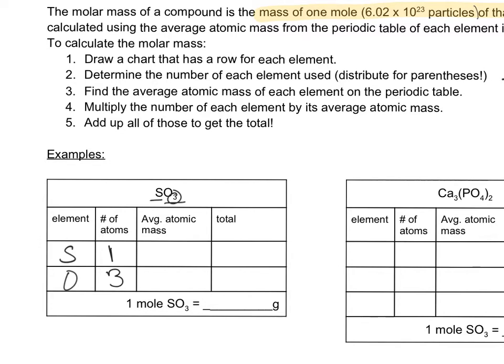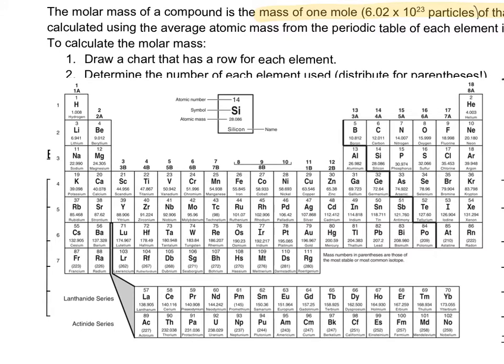Cool, easy stuff. The average atomic mass of those elements goes here in this next blank, and that's found on the periodic table. So you'll need to whip that out. Let's see, I think I have it here in my clip art. I do. There it is. So we were looking at sulfur.